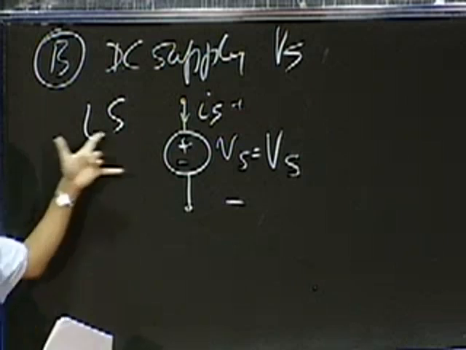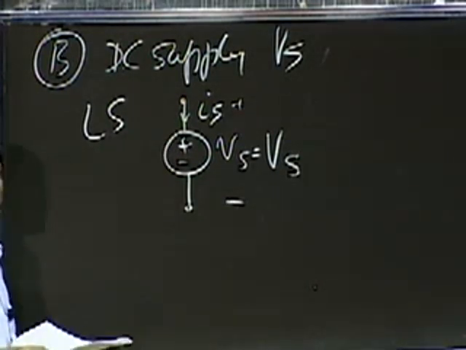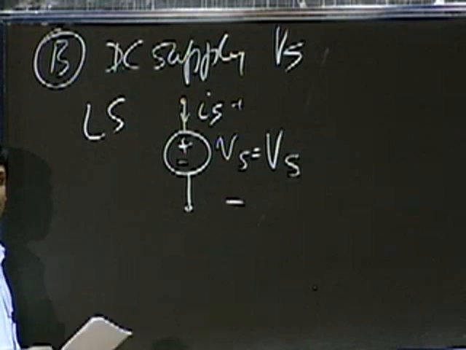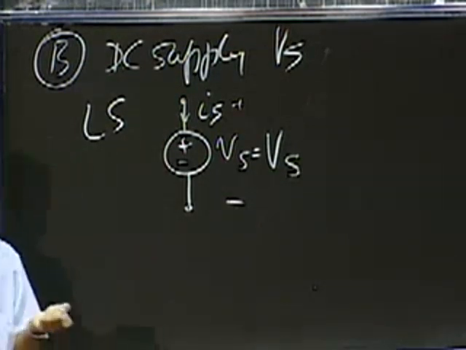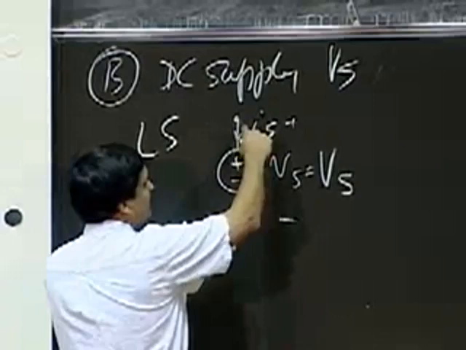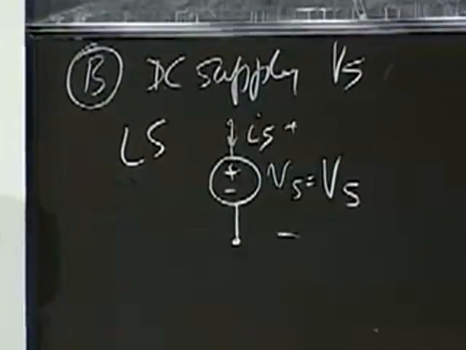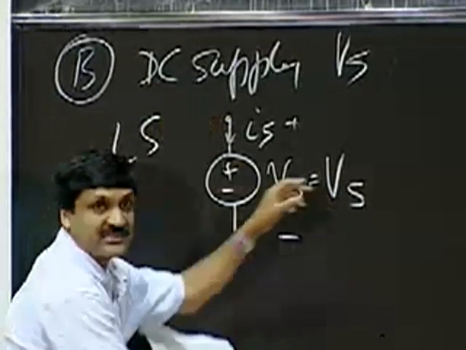It shouldn't change. It's a voltage source. So what does intuition tell you is the small signal model? A short. The key here is that a voltage source behaves like a short circuit for small perturbations. If I change the current flowing through it by a small amount, the output is still going to be held at Vs.